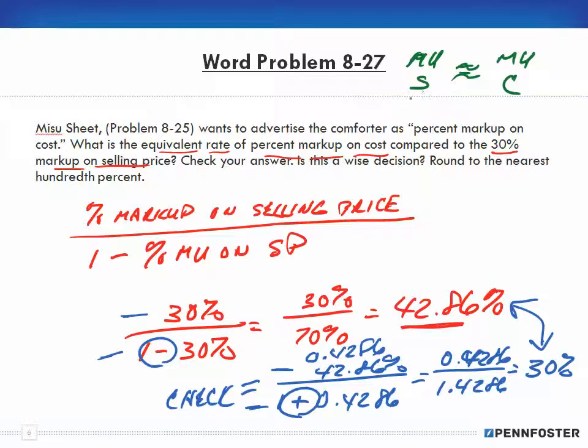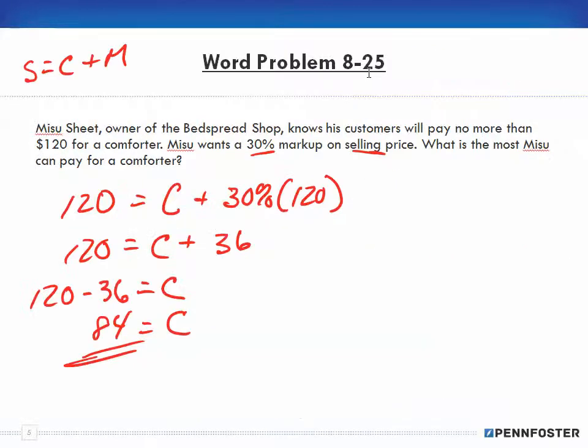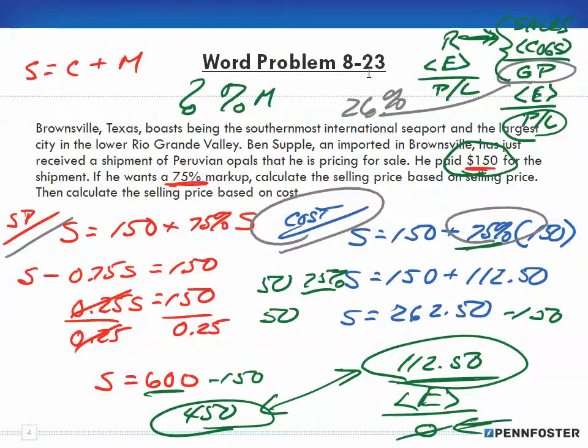In other words, like in the previous problem, back here on 8-23, we had figured out how much our selling price would be based upon the markup of the selling price, and how much the selling price would be based upon the markup on the cost.